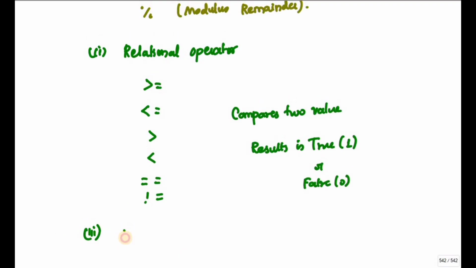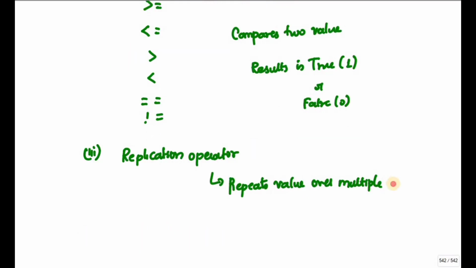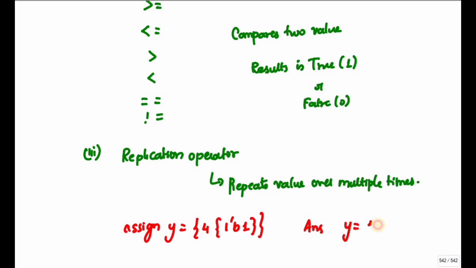The third one is the replication operator. It repeats values multiple times. Suppose I consider assign y = {4{1'b1}}. Here 1'b1 represents a 1-bit value, and that value is 1.